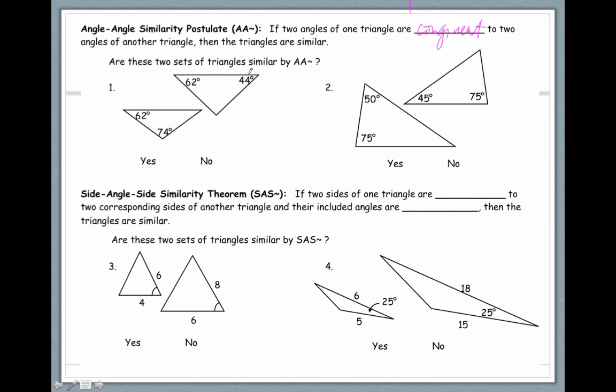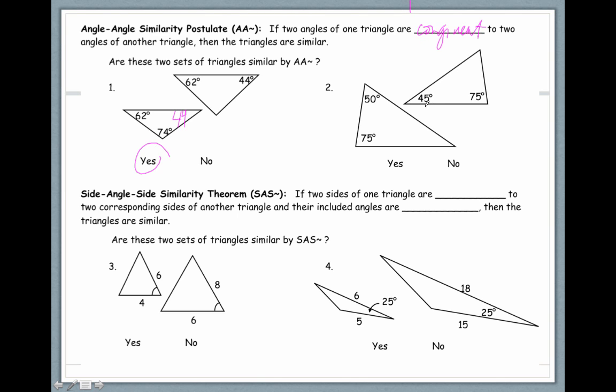So 62, 44, and 74, so they're so far not similar by angle, but 62 plus 74 is 136, leaving 44.